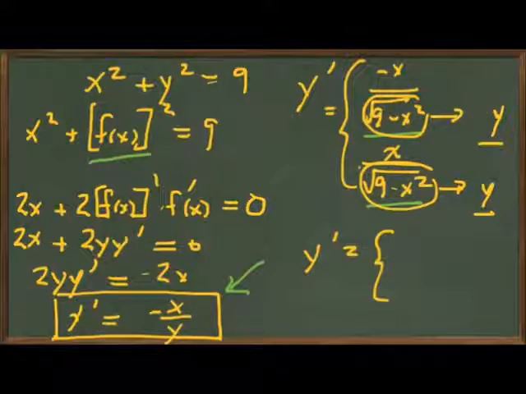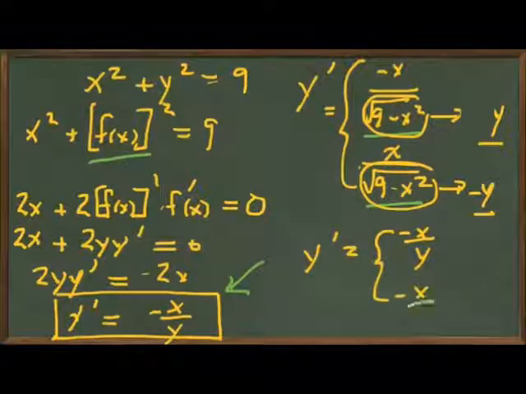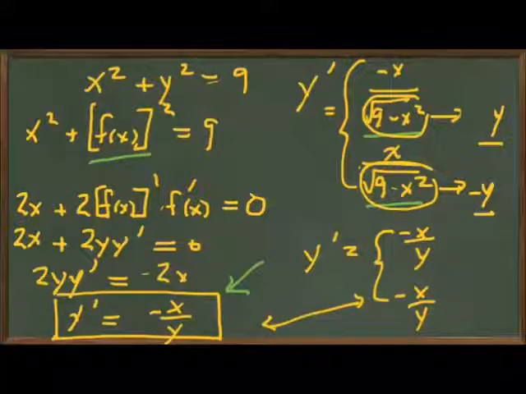This should be positive y, and on the bottom half of the circle, minus y. And so on the top half of the circle we have minus x over y, and on the bottom half of the circle we also have minus x over y. And so we get the same thing as we have when we do this implicitly.